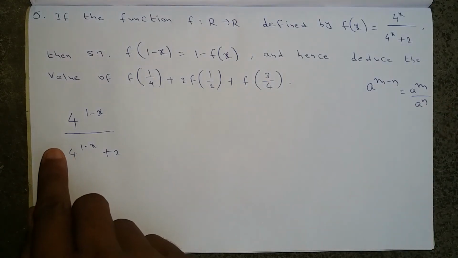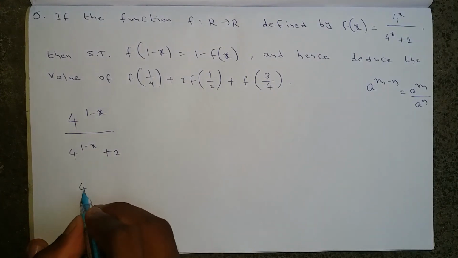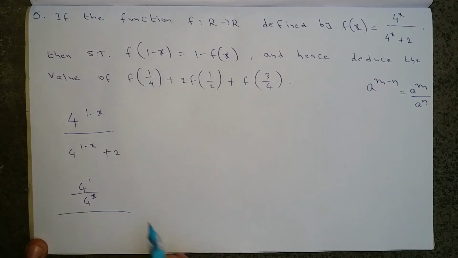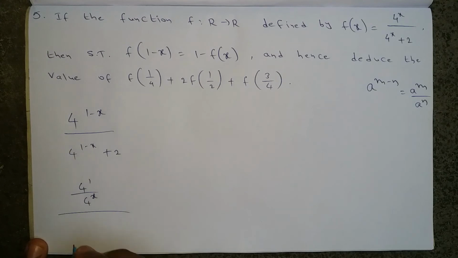So the same way 4 power 1 minus x also can be written as 4 power 1 divided by 4 power x whole divided by, in the denominator also the first term is 4 power 1 minus x, so that's also same can be written as 4 power 1 divided by 4 power x, here plus 2 as usual.